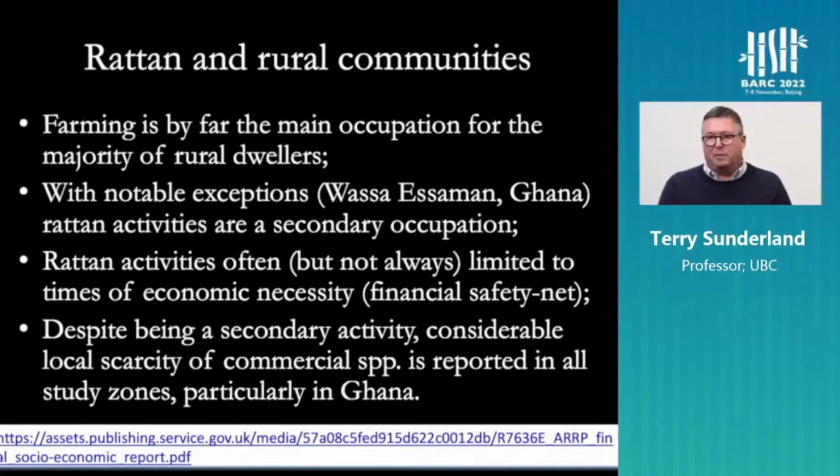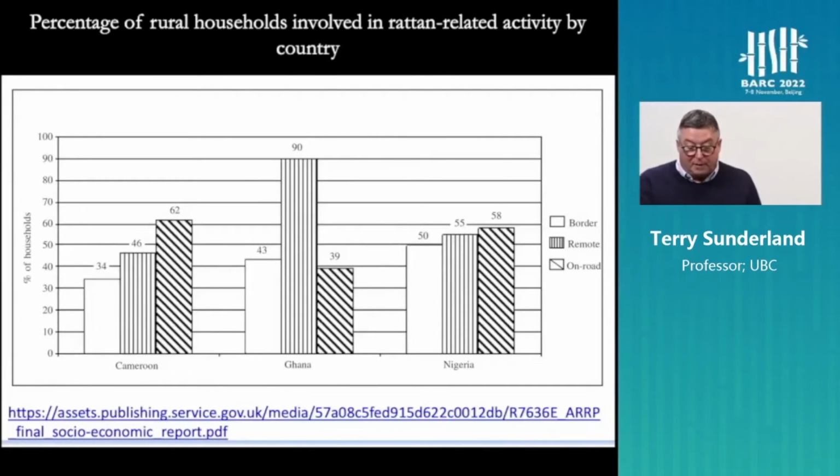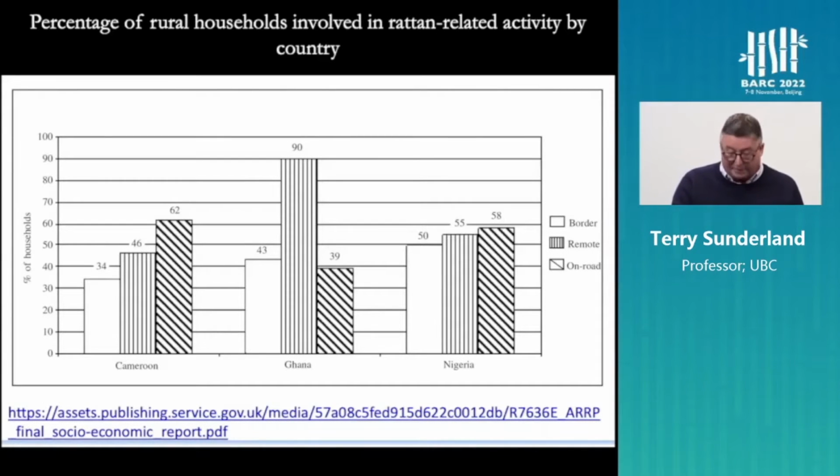But we have local scarcity of commercial species reported in all of our study zones, particularly in Ghana, and this is due to over-harvesting, and I'll touch on that in a second. So many of the households that are involved in rattan-related activities by country, we can see in Ghana, particularly the remote areas, there's many harvesters and artisans in the western region in Ghana, fewer in Nigeria, and also in Cameroon.